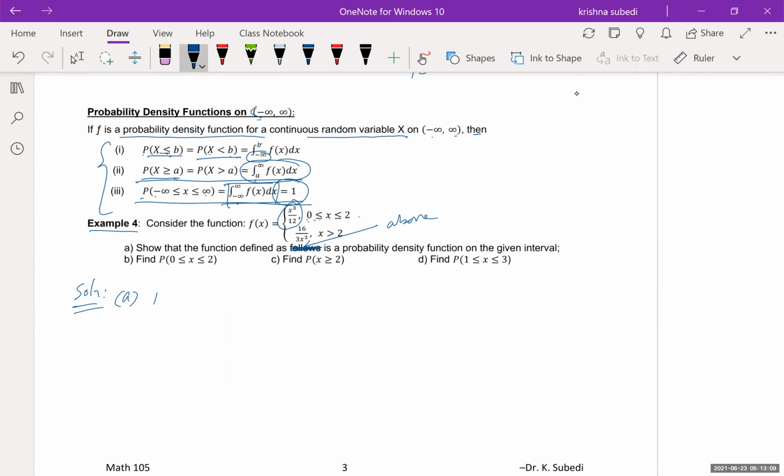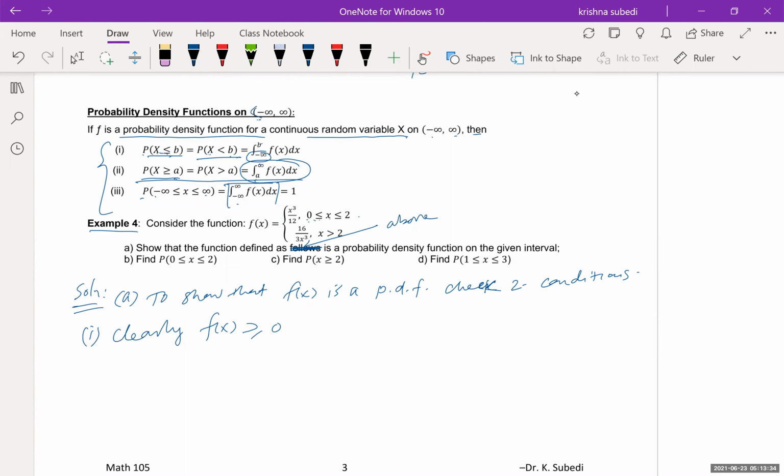Part A, to show that f of x is a PDF, check two conditions. Let us check that. First, clearly f of x is non-negative.